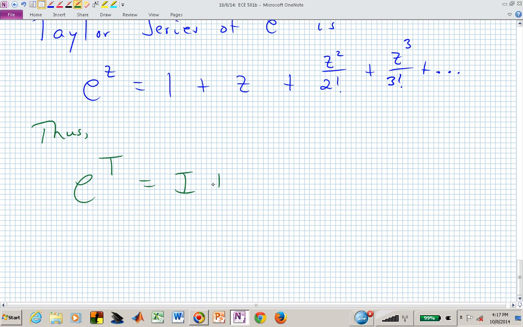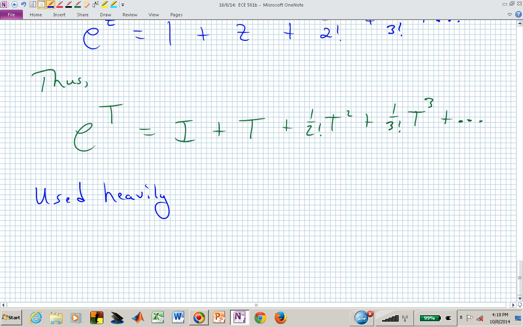That's I plus T plus 1 over 2 factorial T squared plus 1 over 3 factorial T cubed, etc. You may see that matrix exponential used a lot, for example, in a controls class or maybe even in quantum mechanics. So this is used heavily.